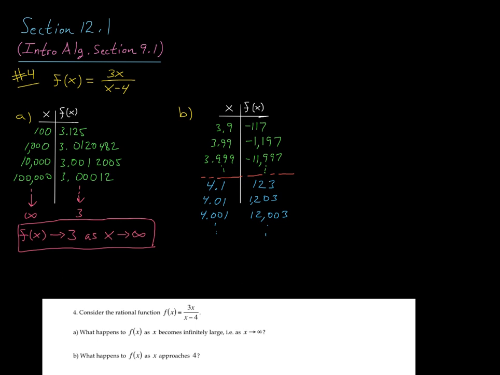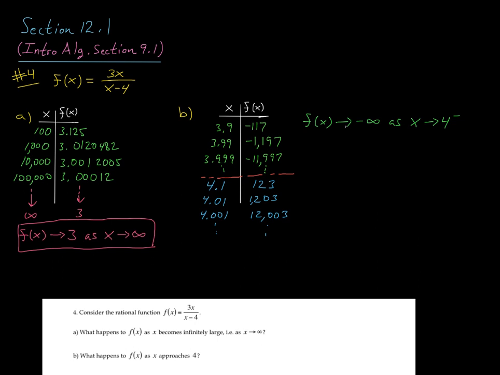Okay, so here's how we can summarize that. I'll phrase it this way: f of x, the output values, are becoming what? Infinitely big and negative. I'm going to write this as approaching negative infinity as x approaches 4, but to emphasize that it's 4 from the left, I'm going to put a little minus sign up here, to say think about numbers just shy of 4, just slightly smaller, like 3.999.